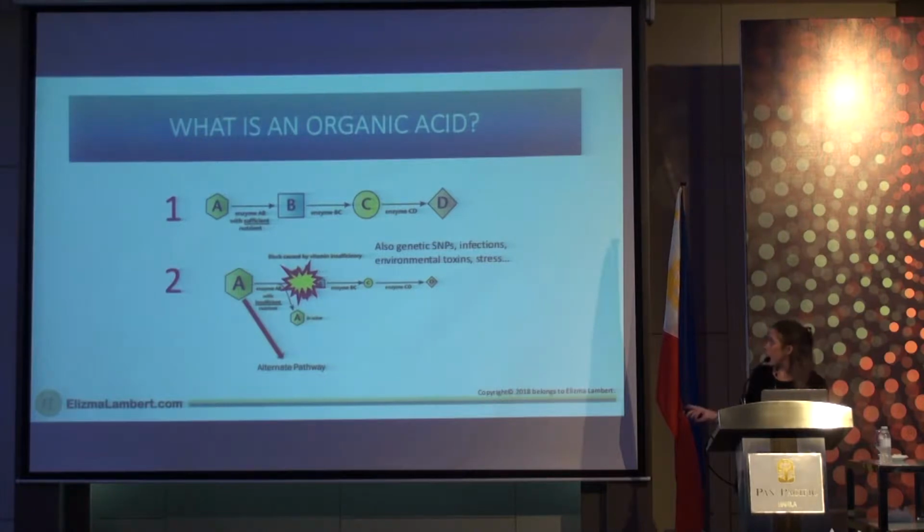So if we look at the top part of this image, we can see that when you are healthy and everything works as it should, then the nutrients from a healthy diet and healthy digestion provide the cofactors for the enzymes to metabolize the substrates and the amino acids into products along the chain until the final excretory product is produced and the biochemical reaction is complete.